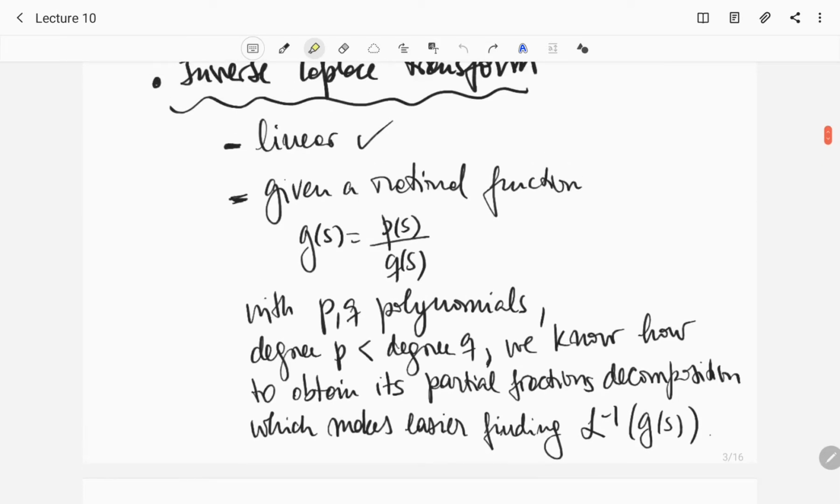And we know how to obtain the partial fraction decomposition of this expression, which makes finding the inverse of such a function easier.